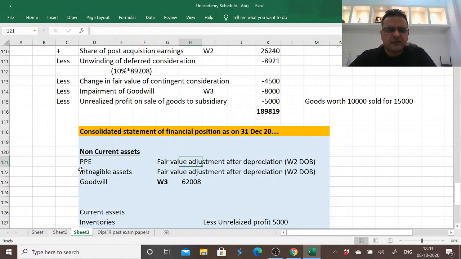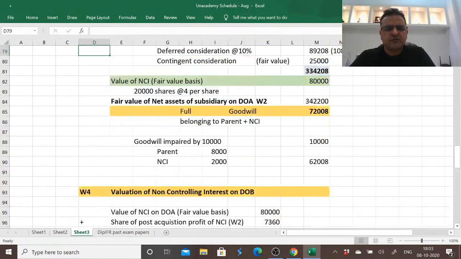So these PPE and intangible assets which I am talking about are actually the balances in working note number 2.